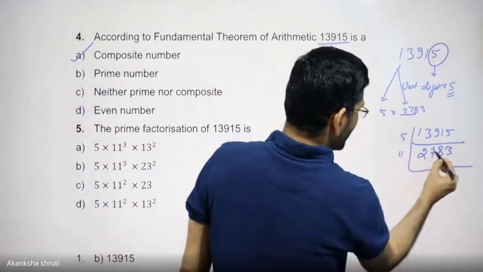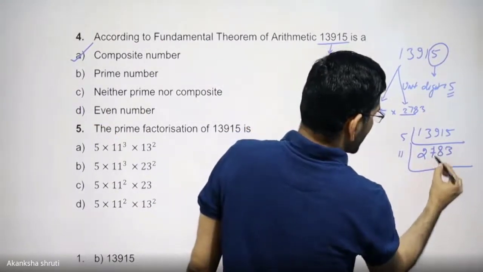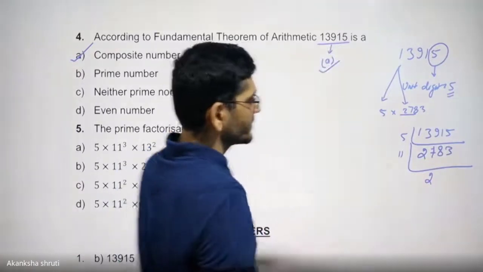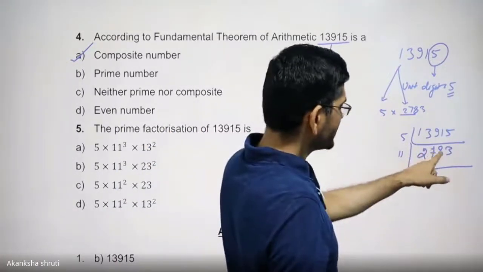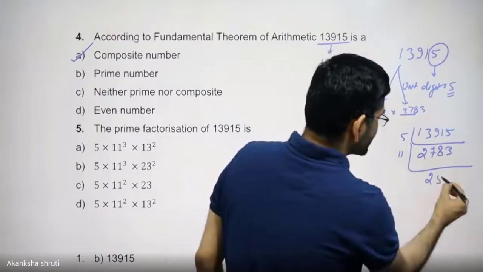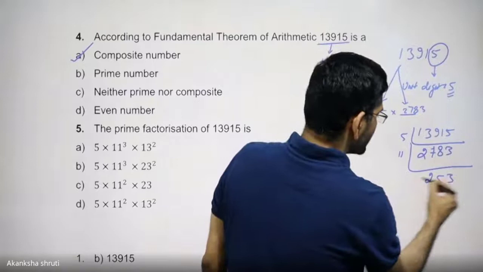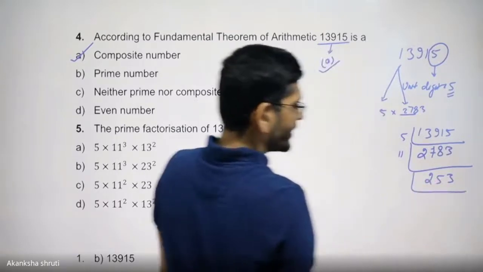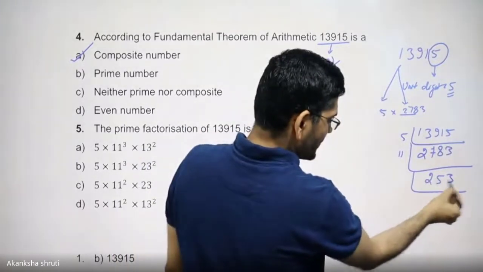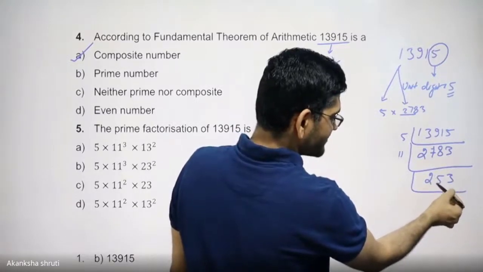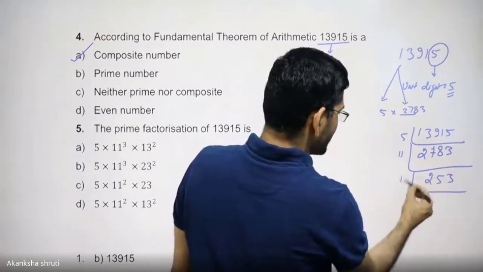So 11 2s are 22. Then 5 is left. So 11 5s are 55. 3 is left. So 11 3s are 33. Again, you are getting 2 plus 3 is 5 and 5 is in the middle. So it is also divisible by 11.